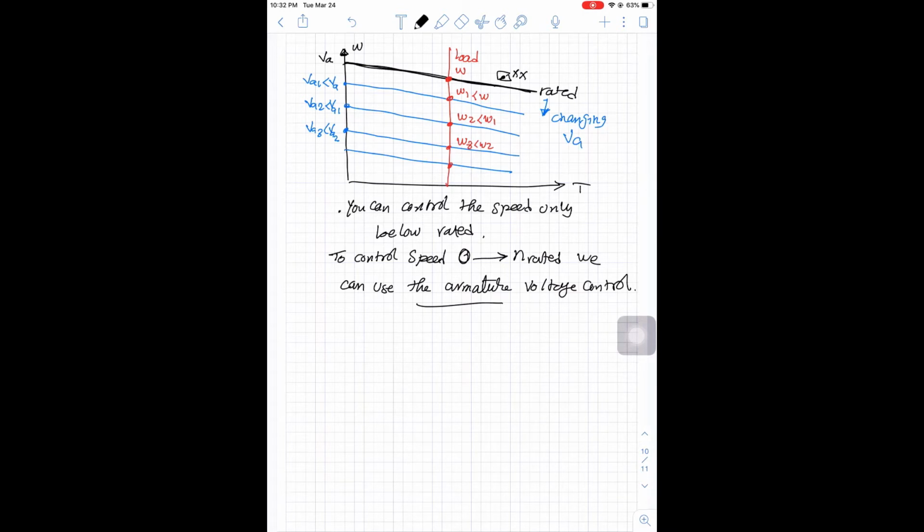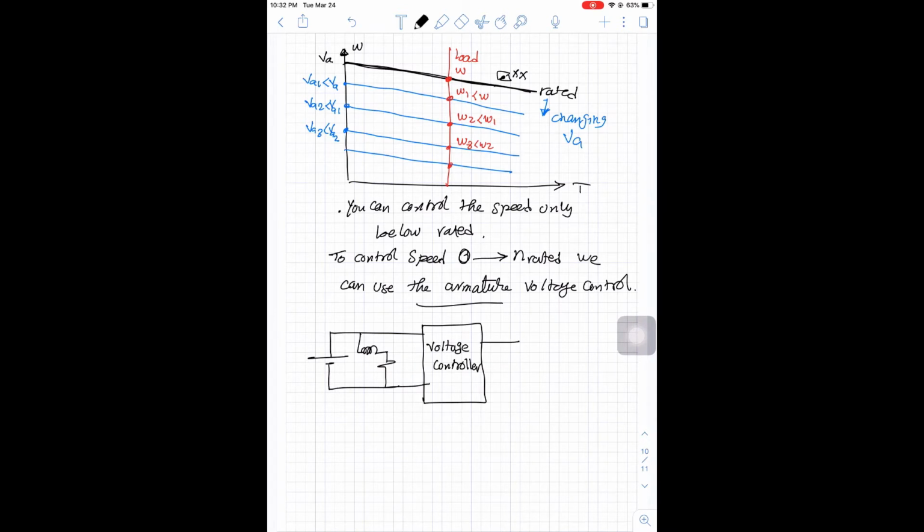But how will we do this, keeping our armature and the field constant? So if we have a battery, here is our DC battery. What we will do is connect the field directly to the battery. Then we will add a device here called a voltage controller.